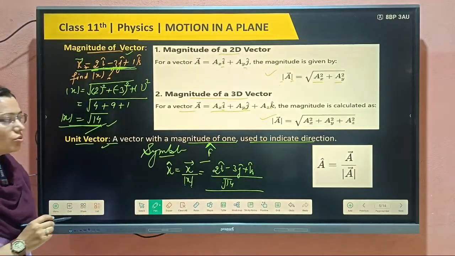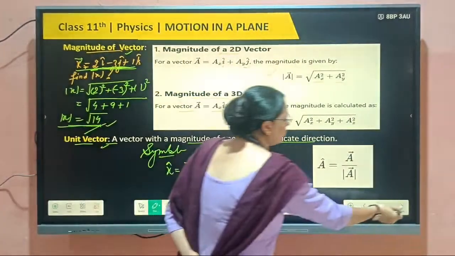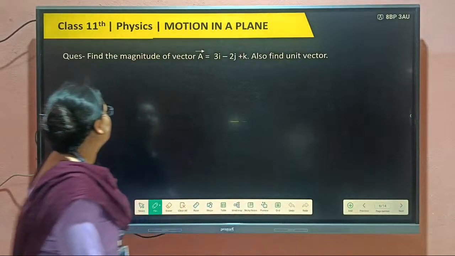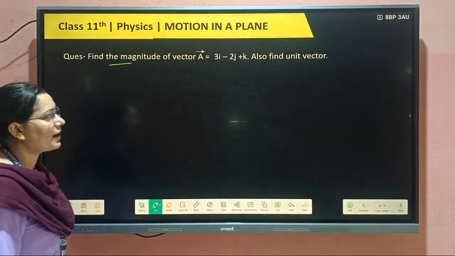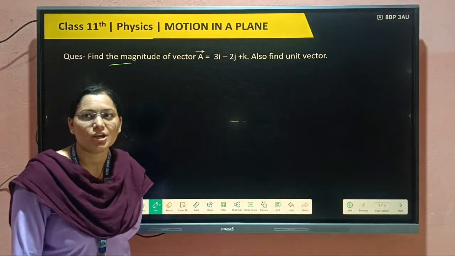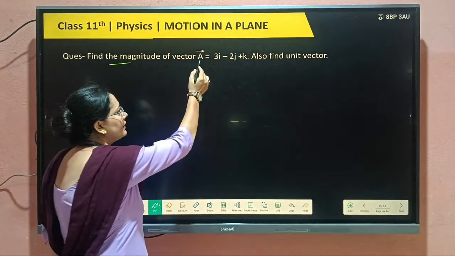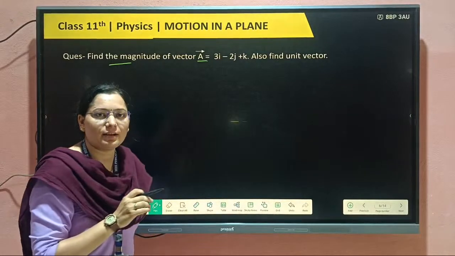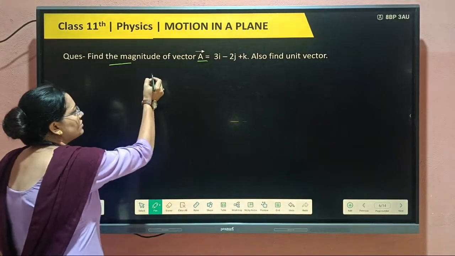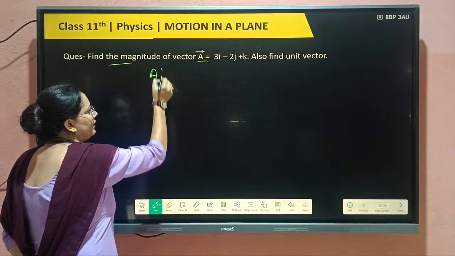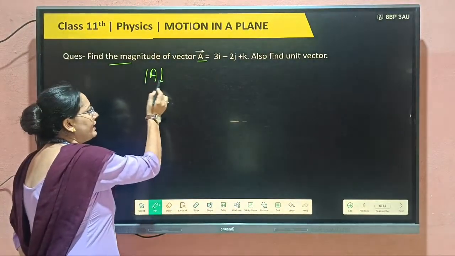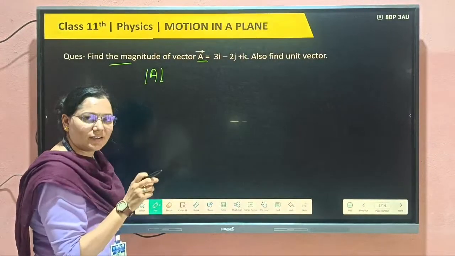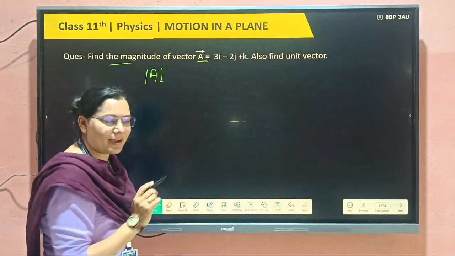Now next, if we take this question, we have to find the magnitude and unit vector. So how can we find it? For any vector, this is the symbol of the magnitude. You can write these two lines and leave it, and it will indicate only the magnitude.